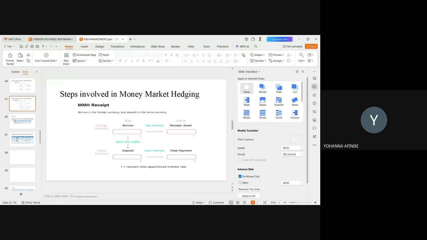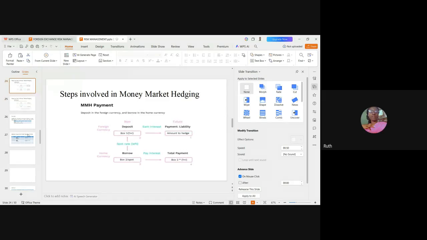Am I correct, please? I'm trying to get the skipping part. No, you're not skipping anything. If it is payment, you deposit. That is the third box, sir. It depends on how you are looking at it.